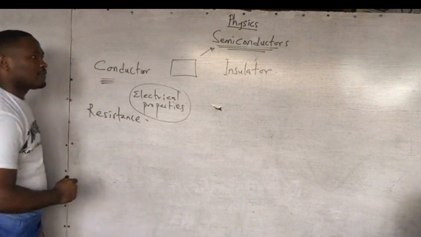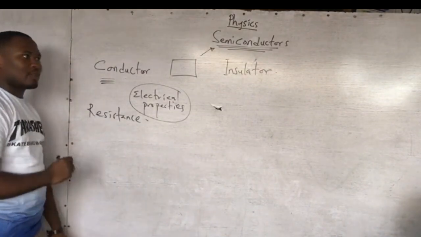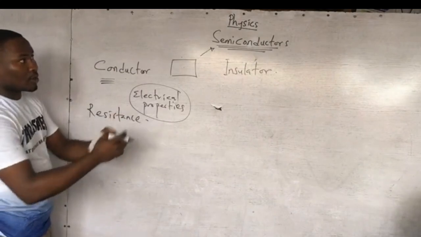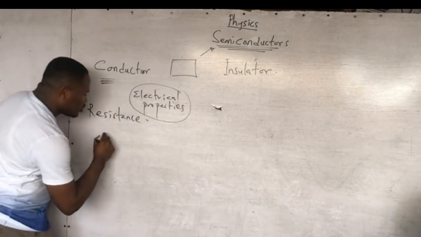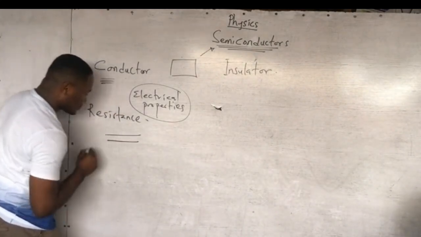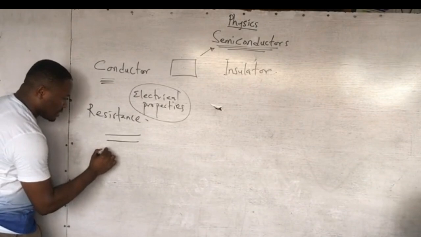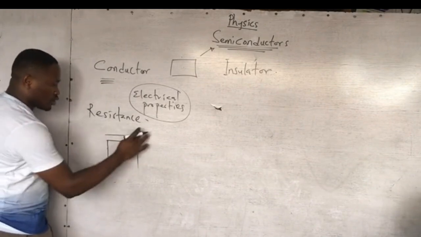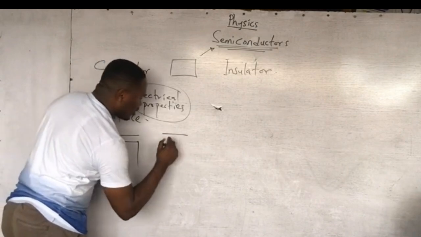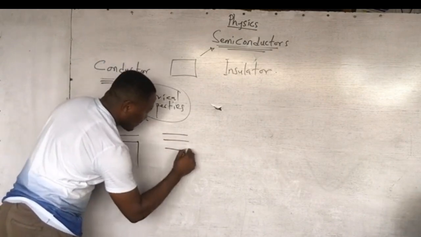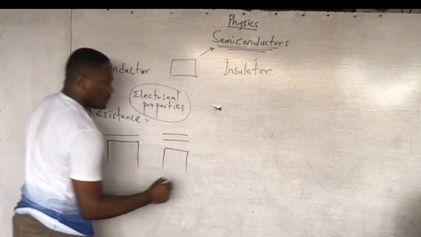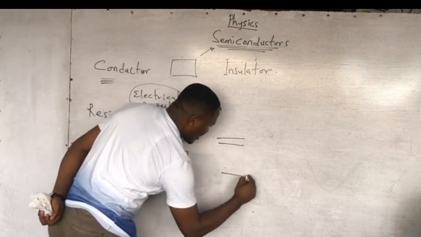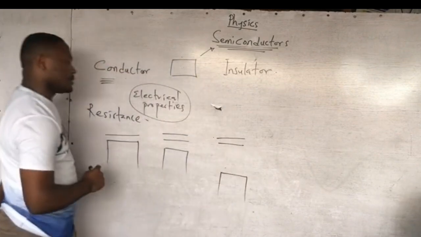I will explain it further because they can ask you such questions in the objective section on semiconductors. I'll do something like this. One of them is overlapping, so I'll come again and do it for this, then do it for this.